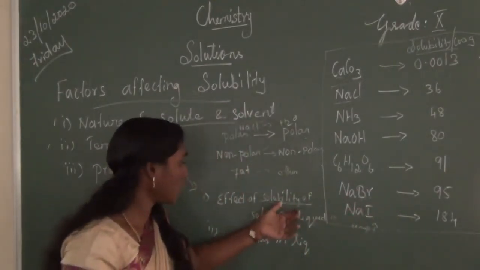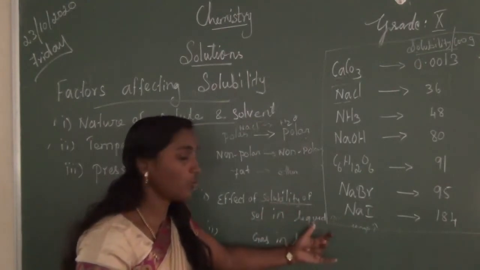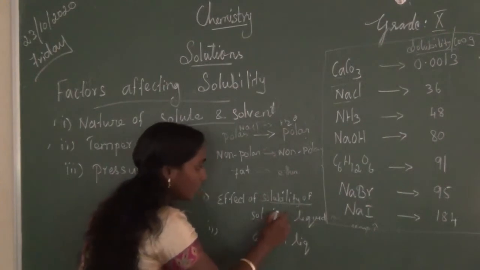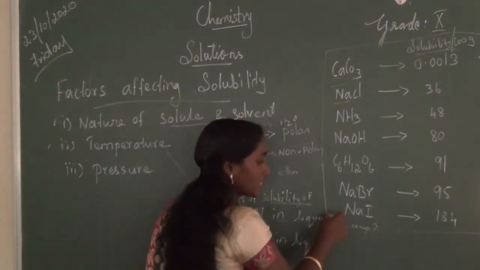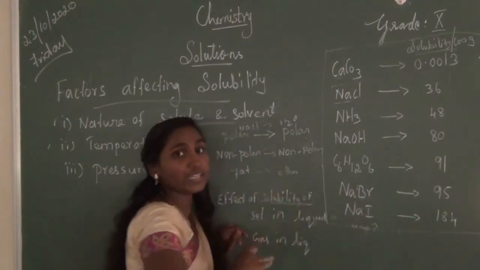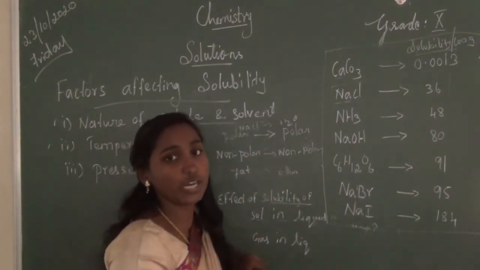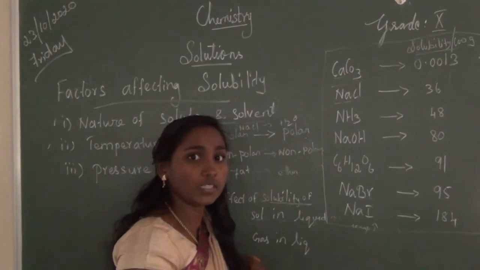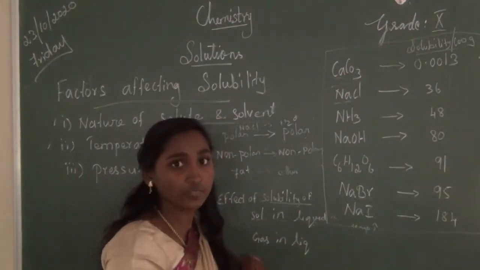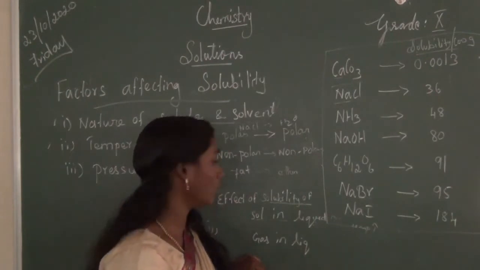So the solubility of a solid solute in a liquid solvent increases as temperature increases. That means more sugar will dissolve in warm water than in cold water.